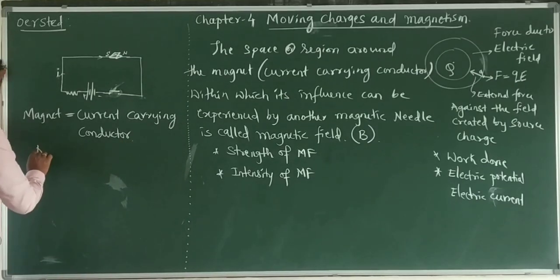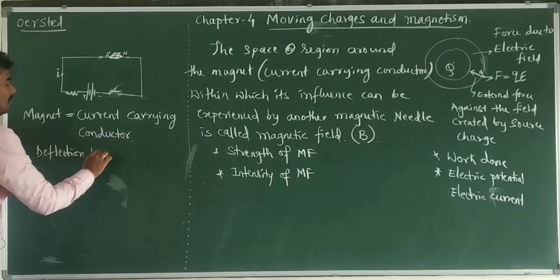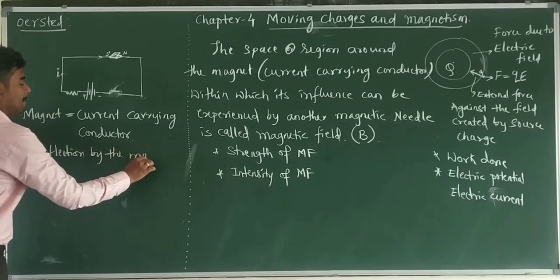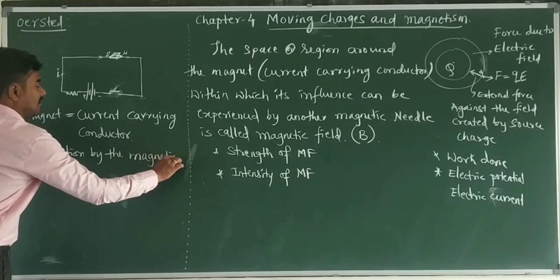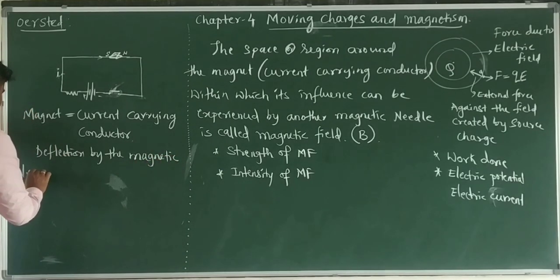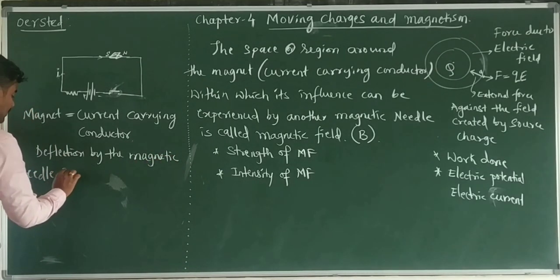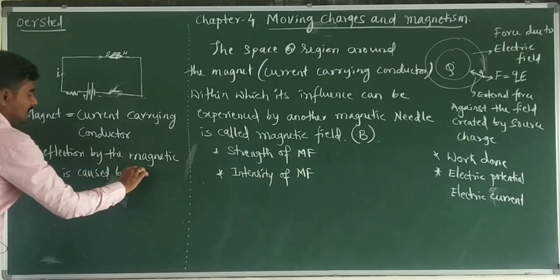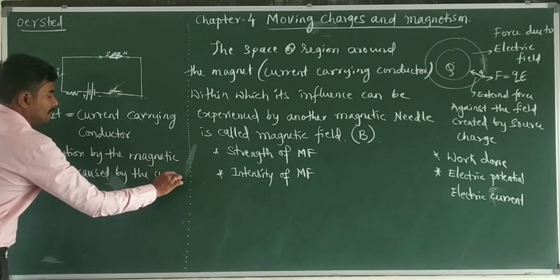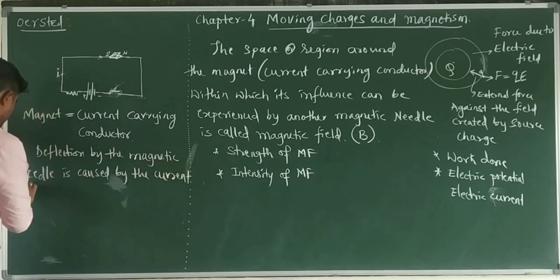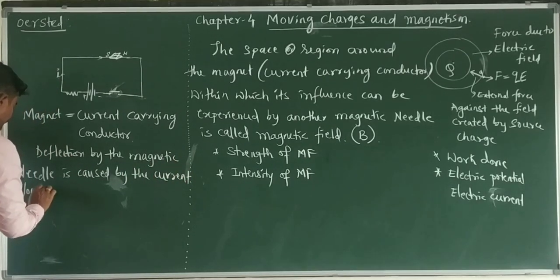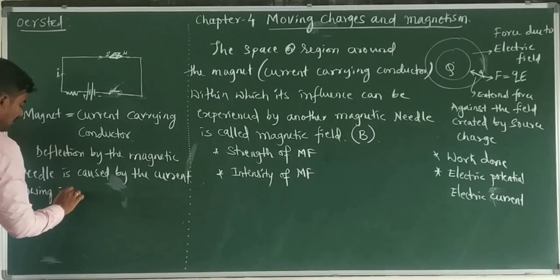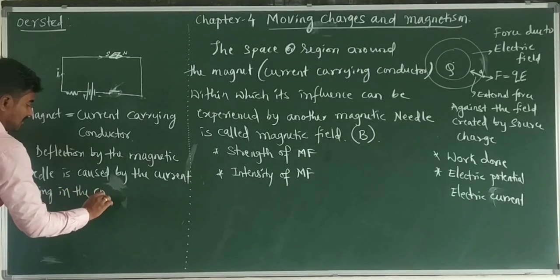The deflection of the magnetic needle is caused by the current flowing in the conductor.